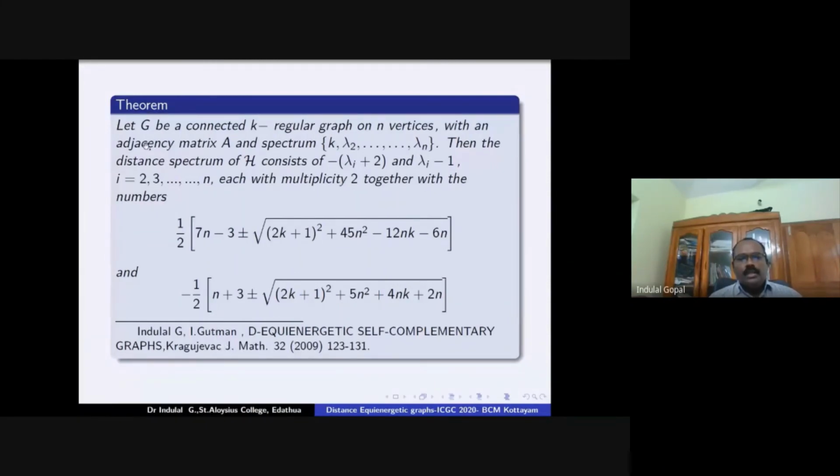We proved that the distance spectrum of such a self-complementary graph, P4 of G, G complement, G, consists of these numbers, minus lambda i plus 2, and these two numbers.